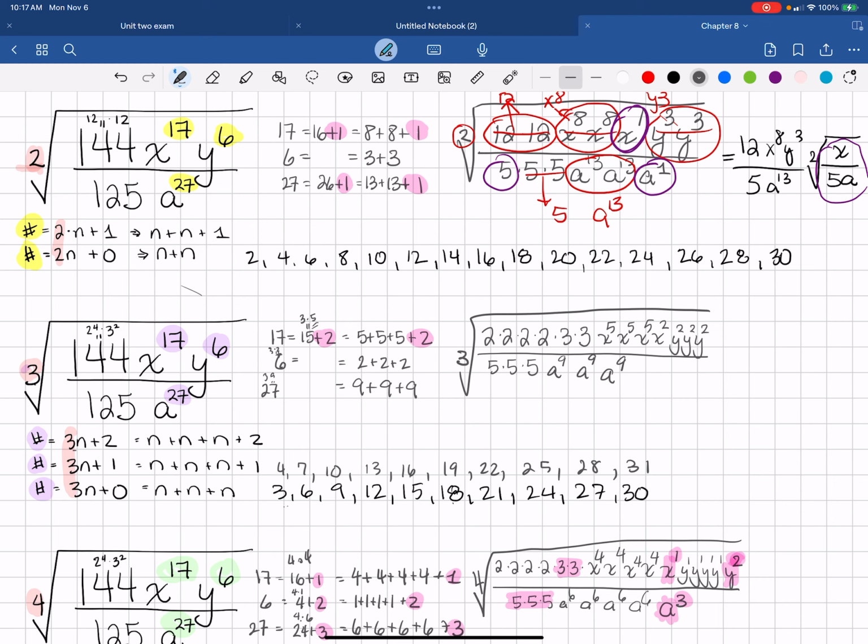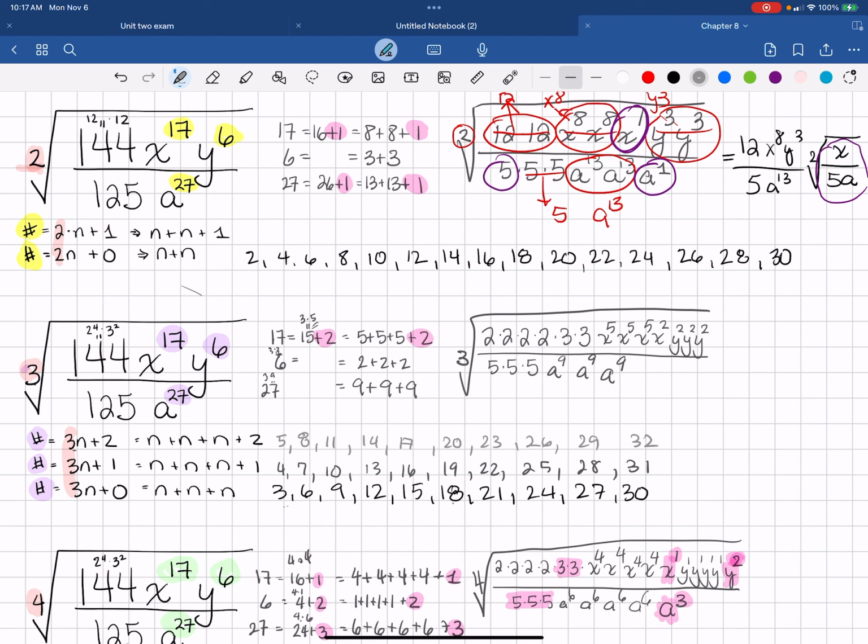So all those numbers would be plus 1. And then if I wanted to do the next set, maybe I'll go to another color, gray. So I'd have 5, 8, 11, 14, 17, 20, 23, 26, 29, 32.